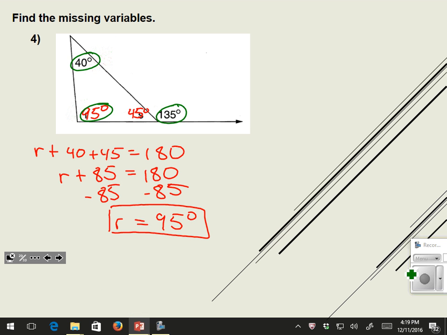Let's look at the previous one, number 4. Look at the exterior angle of 135 degrees. Now let's look at the two remote interior angles of 40 and 95 degrees. What do 40 and 95 add up to? Well, they add up to 135. So the two remote interior angles add up to the same thing as the exterior angle.